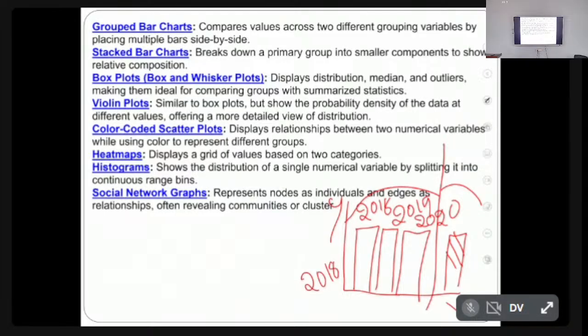Here we call the values variables, by using colors to represent different groups.